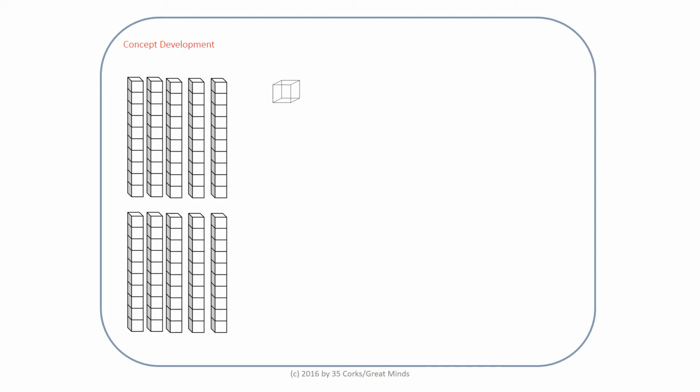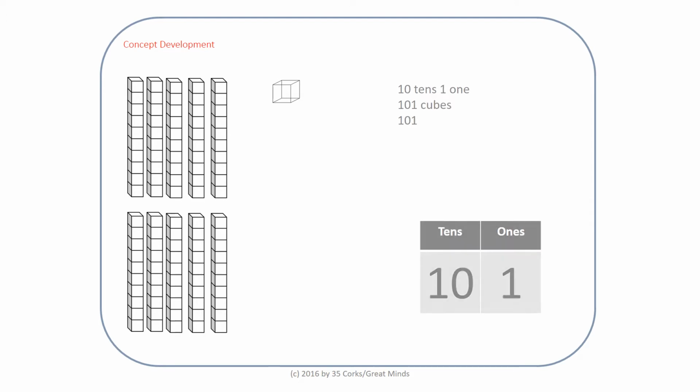And how many 1s would that be? 101. So we have 10 10s, 1 1, 101 cubes, or just 101. In our place value chart, I have 10 10s, 1 1, and you can see when you look at your place value chart, you can see 101 when you just go from left to right. You should be able to see that number. All right, we're getting ready for the next one.